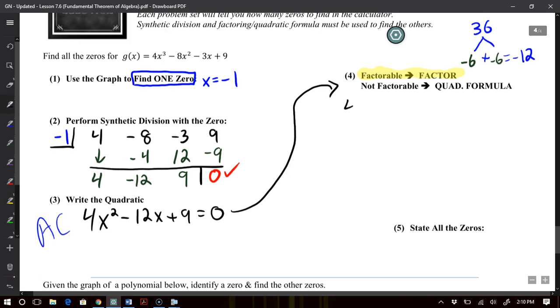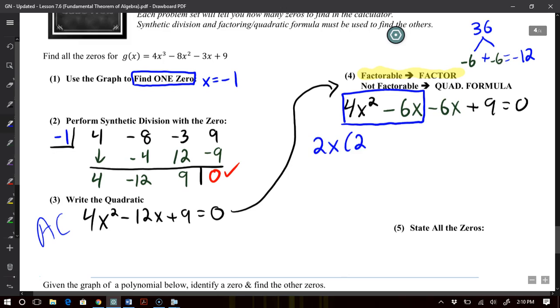So, AC method, you take that -12x and we split it into -6x minus 6x. We leave the plus 9 there. And now we do factoring by grouping. I find the GCF of the first two. I get 2x times 2x minus 3.